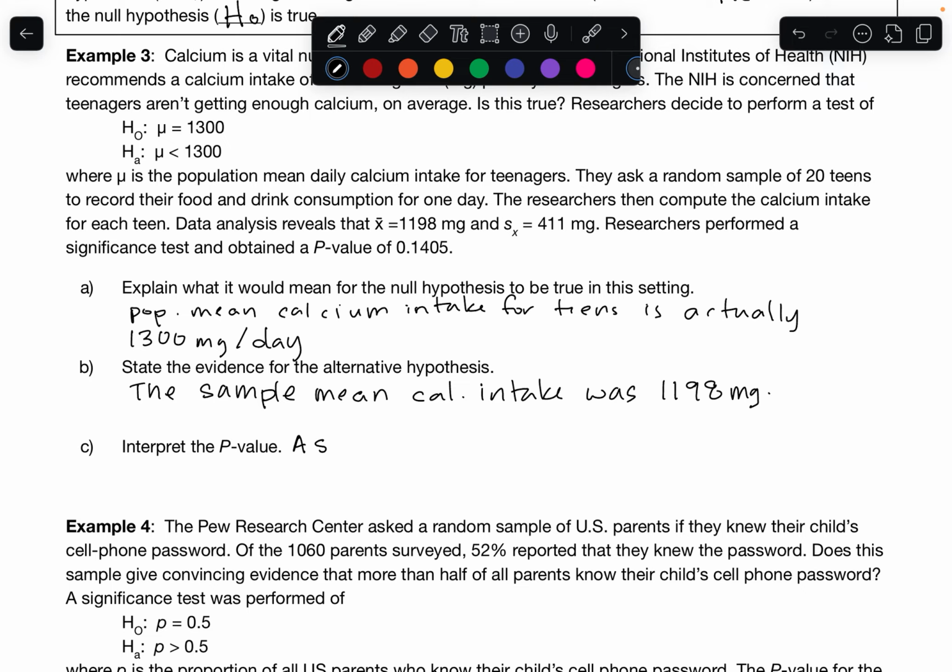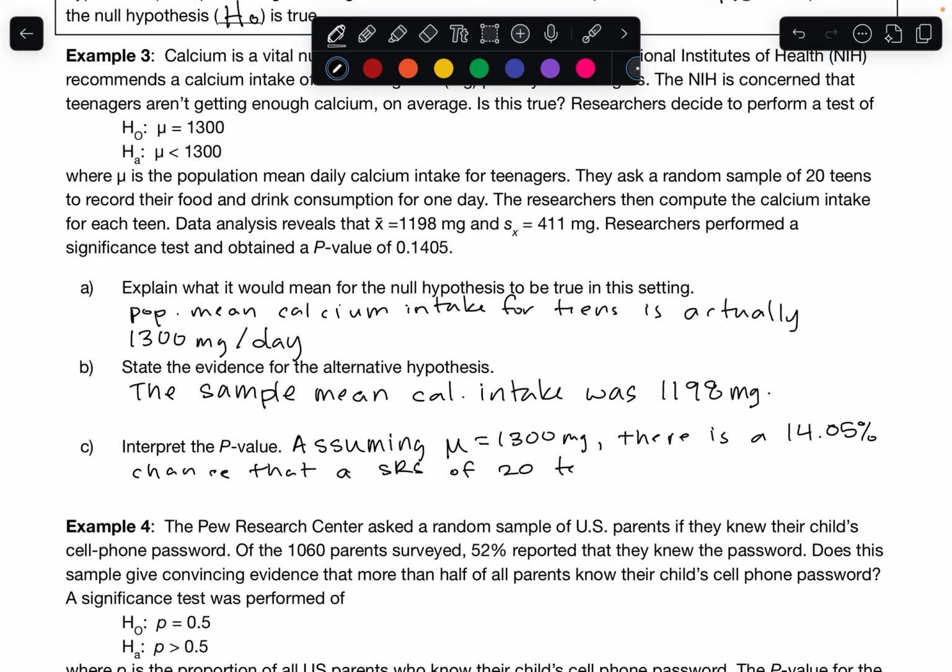So what that means is, assuming that the actual mean is 1,300 milligrams, there is a 14.05% chance that a random sample of 20 teens would have a mean of, and what did we have, 1198, or, and in this case, more extreme means more in that direction, so 1198 or less.